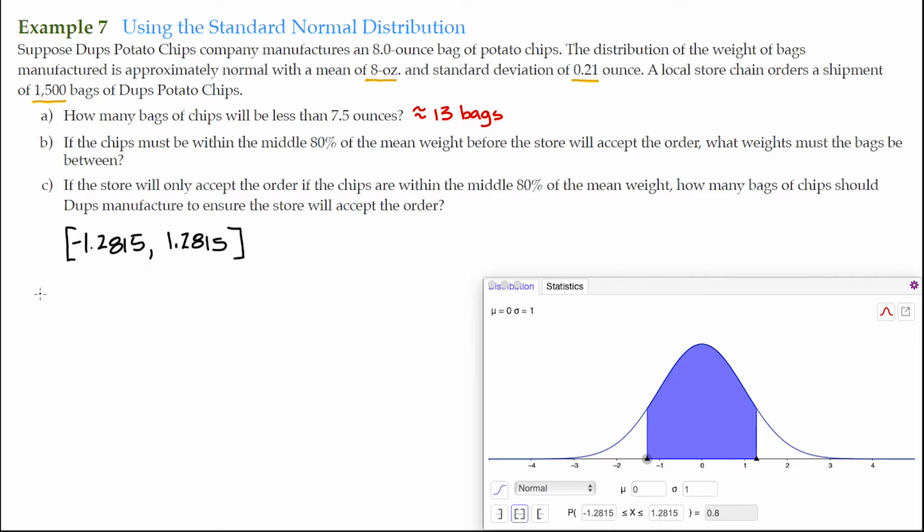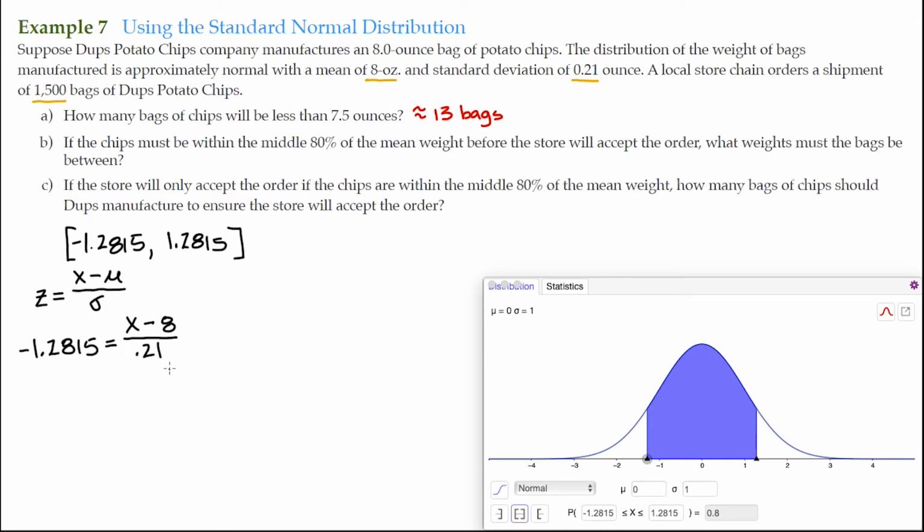So we know that a z-score is equal to some observation, that's x, that's what we're looking for, minus the mean, divided by the standard deviation. Well, if I have a z-score of negative 1.2815, that's going to be equal to x, which is the observation I'm looking for, minus the mean, and the mean is 8 ounces, divided by the standard deviation, that's 0.21 ounce.